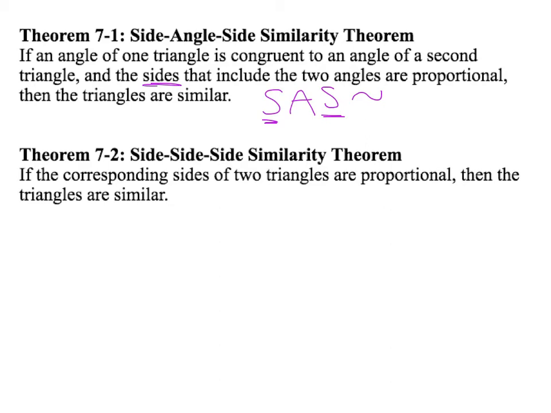So if the sides that are on either side of a congruent angle are proportional, then we have SAS similarity. And then the side similarity theorem says that if all of the corresponding sides are proportional, then the two triangles are similar. So the sides are not congruent, but they are proportional.